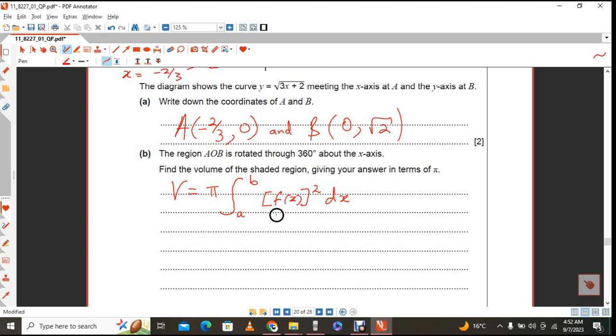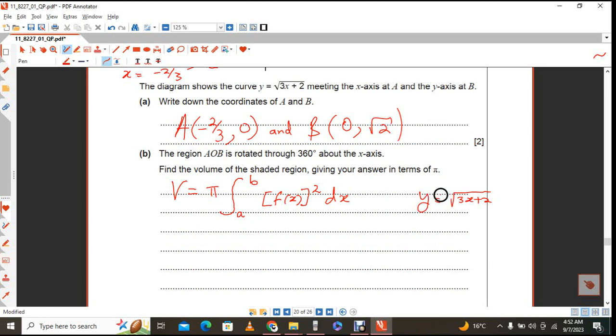So f of x is the same as y. So if we take our function, which is y equals the square root of 3x plus 2, you can already make this y squared.